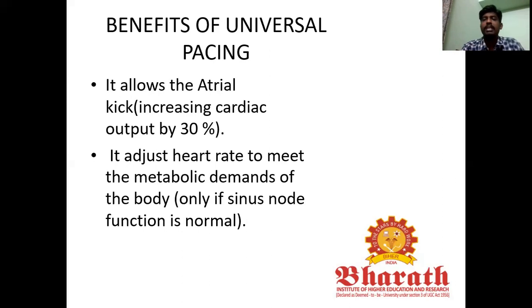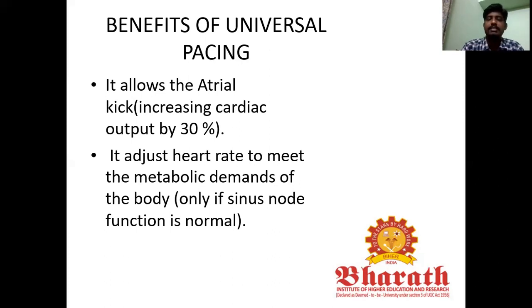What are the main benefits of universal pacing? It allows the atrial kick, increasing cardiac output by 30%. The Indian Council of Cardiac Association tells that universal pacing atrial kick increases cardiac output by 30%.